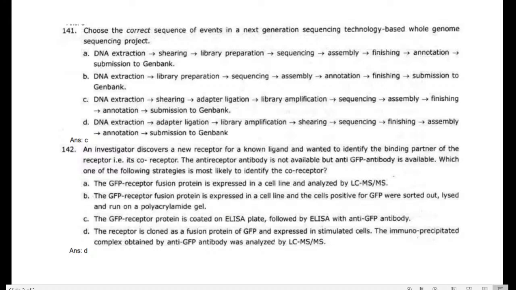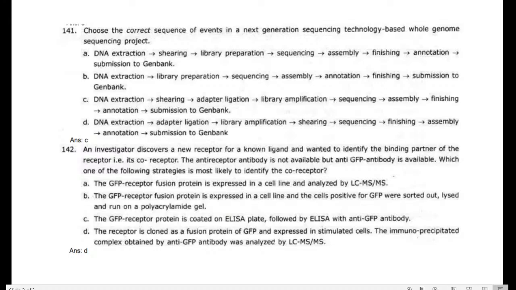If it is in a very sticky mode, we are not able to get a proper sequence. So they cut it into small pieces. That is the step here.